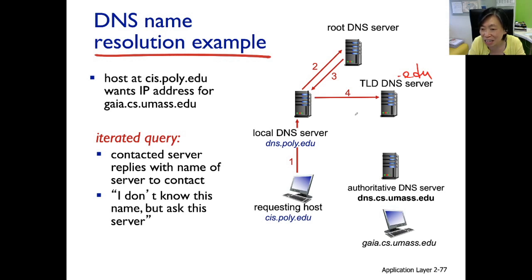The TLD DNS does not know the IP just yet, but the top-level domain DNS does know the IP address of the authoritative DNS server, so that will be sent back. And the local DNS server sends the query a third time to finally the authoritative DNS server. And finally, the IP address for Gaia.cs comes back to the local DNS server. The local DNS server forwards that back to the requesting client and everyone is happy.